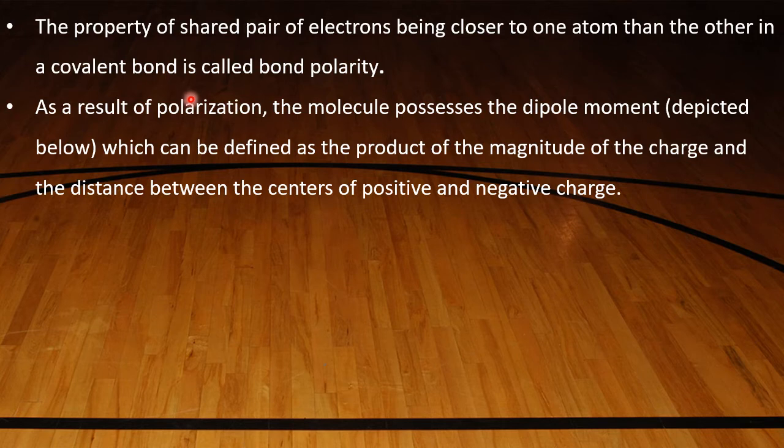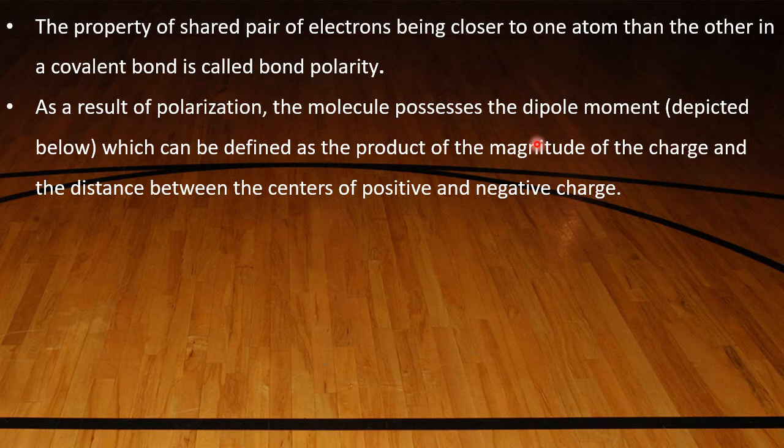As a result of polarization, the molecule possesses the dipole moment, which can be defined as the product of the magnitude of the charge and the distance between the centers of positive and negative charge. So here he has given one more definition for the dipole moment. For a short period of time, two poles are created. What is the dipole moment?